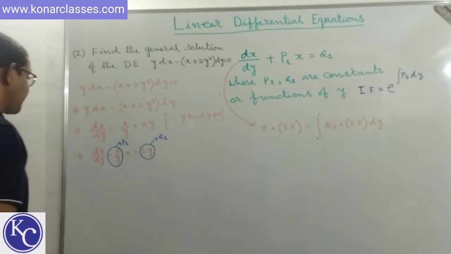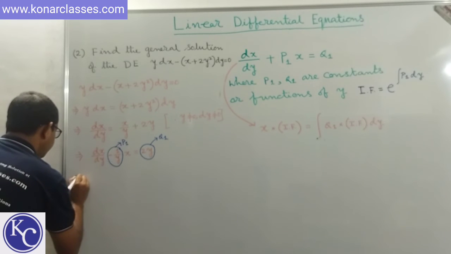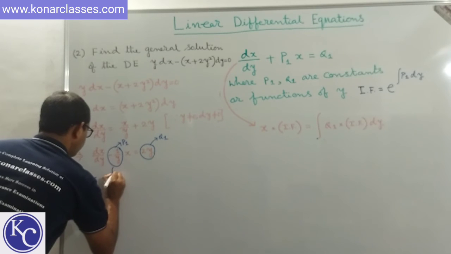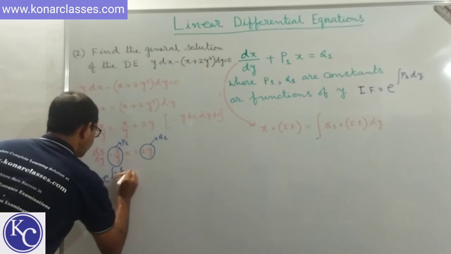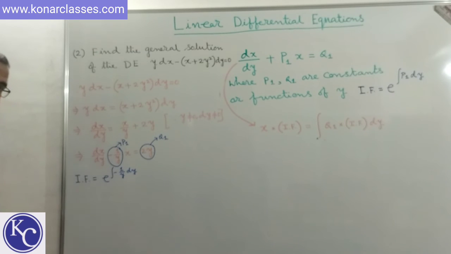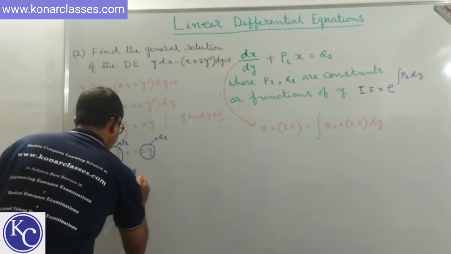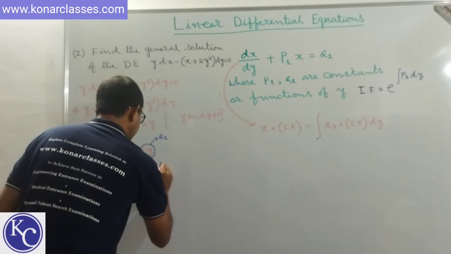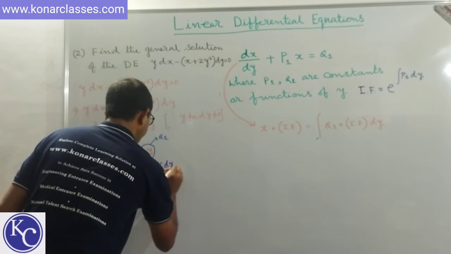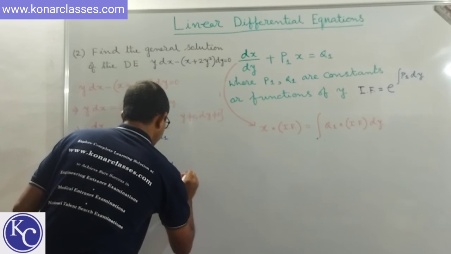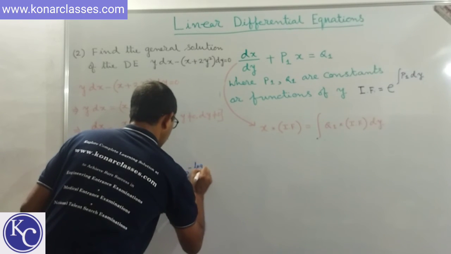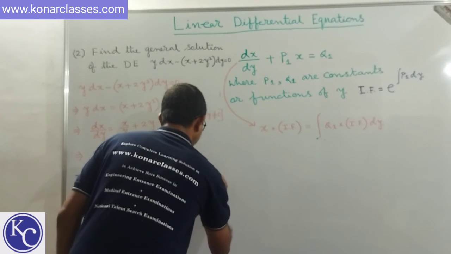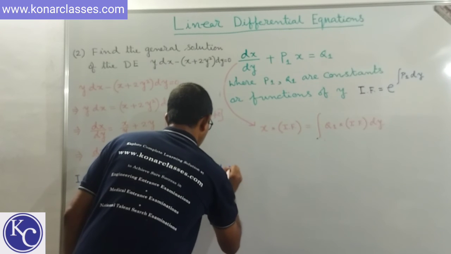Then what is the integrating factor? Here you get the integrating factor as e to the power integral of minus 1 by y dy, correct? This is equal to e power minus integration dy by y, that is e power minus log y, that is e power log 1 by y.